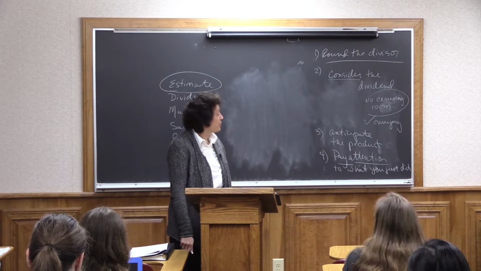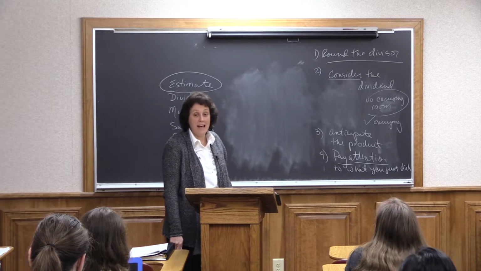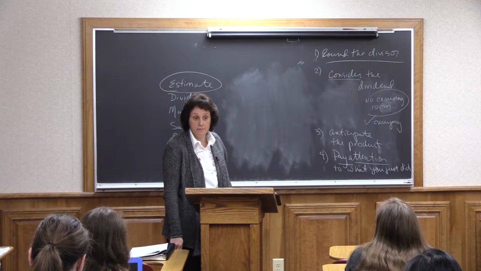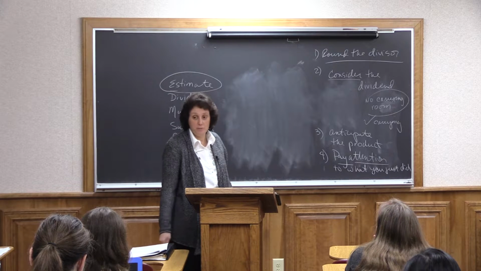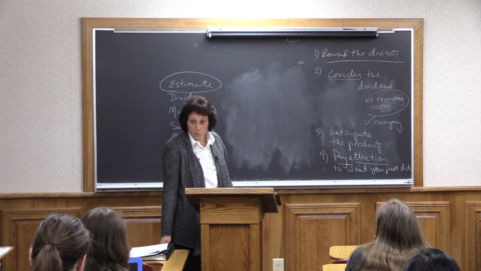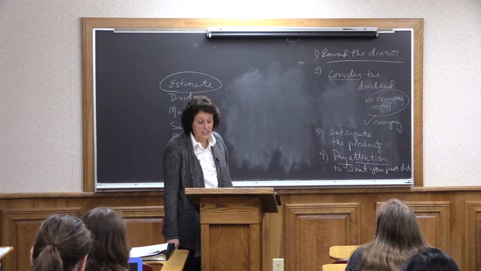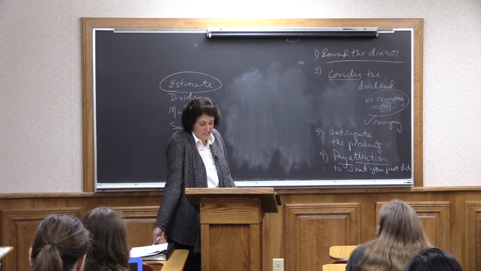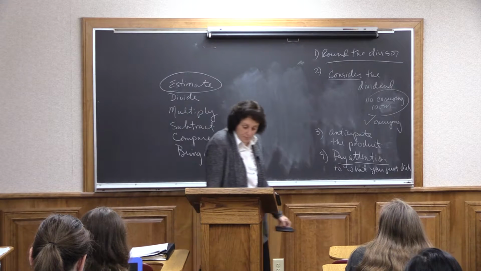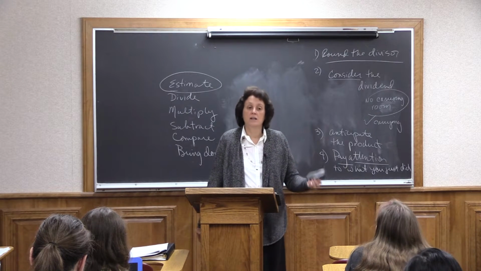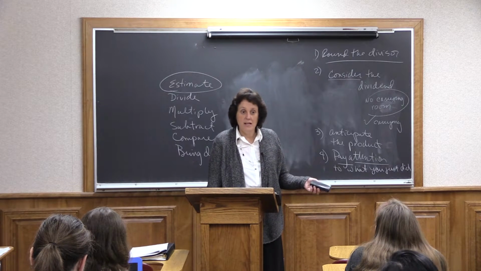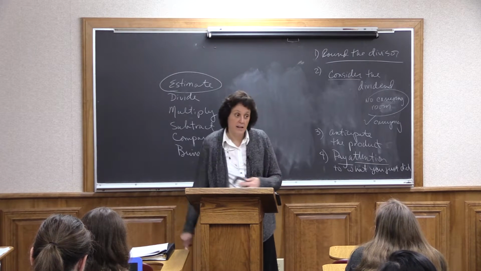So with rounding, if you round down, you have to watch out. Your quotient's going to be too big. If you round up, you have to watch out. The quotient could be too small. So be suspicious of just using the rounding rules, because we're not really rounding. So the more I round, the more suspicious I am of my estimation. The less I round, the more confident I can be.